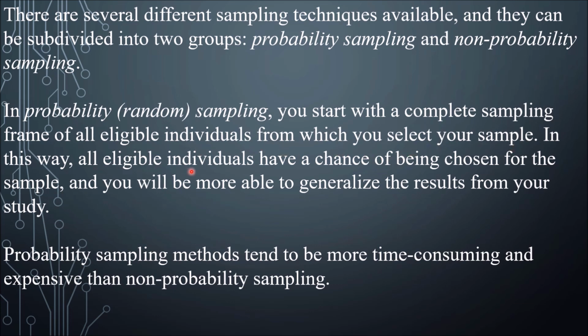In this way, all eligible individuals have a chance of being chosen for the sample, and you will be more able to generalize the results from your study. So that is for the random sampling. Probability sampling methods tend to be more time consuming and expensive than non-probability sampling.